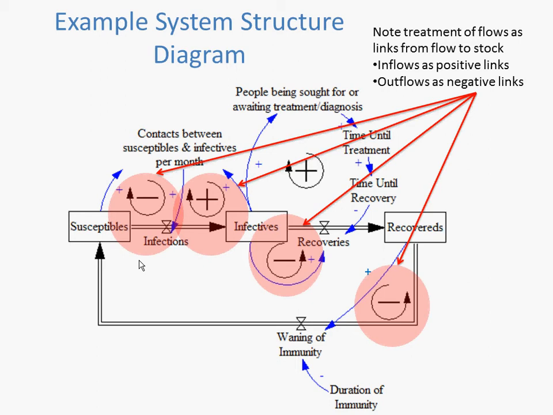So here we have a minus polarity from infections to susceptibles, and from infections to infectives, or infectious individuals, positive polarity. But there's no notion of conservation here, that infections bring someone from susceptibles to infectives. That conservation is conveyed visually within a stock and flow diagram. If you can label things with stocks and flows, it adds extra semantics.